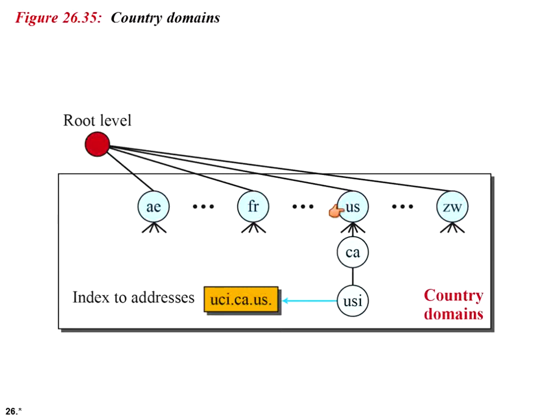Here in this example, the United States uses state abbreviations as a subdivision of US. So we have uci.ca.us. It can be translated to University of California, Irvine, in the state of California in the United States.